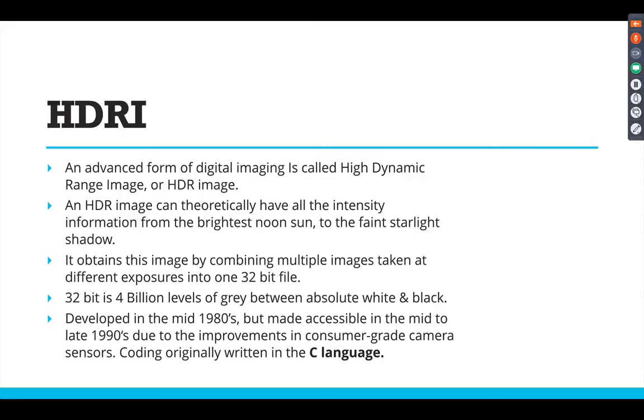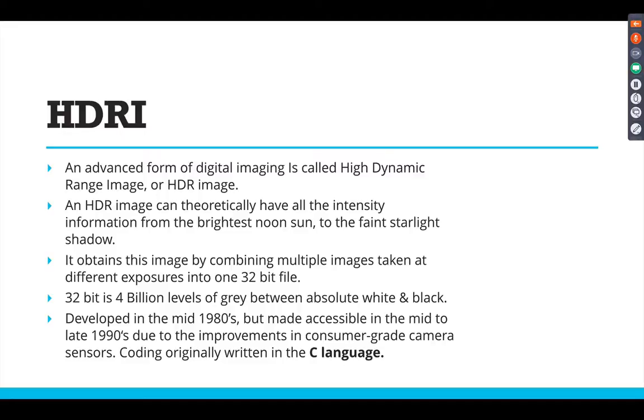Basically, it comes in like layers. The image format you usually save it out as is either an HDR or an EXR. So what it does is it takes multiple images, takes all the exposure information, puts it into a single image, and that single image is a 32-bit image.